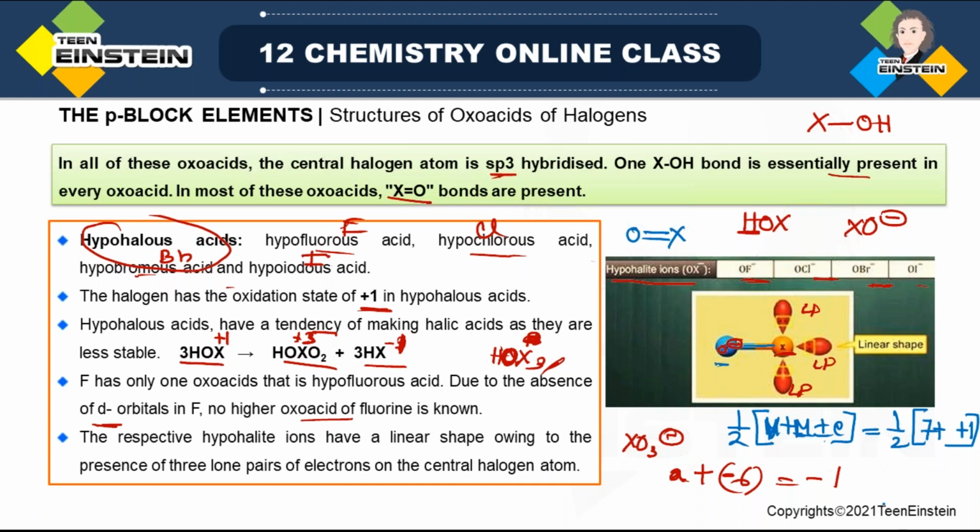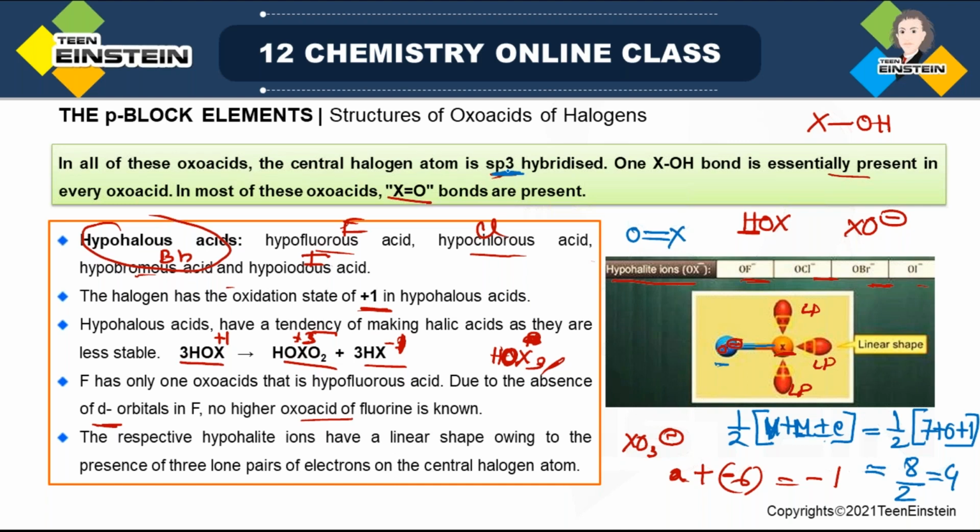So ultimately the value of N we get is 8 divided by 2, that means 4, so it will have sp3 hybridization. In this case the central halogen is always sp3 hybridized, but the number of lone pairs will be different.